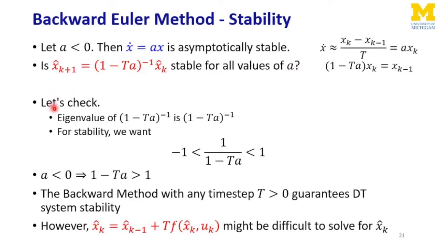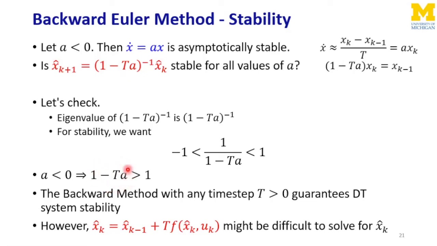Okay, let's check. The eigenvalue is (1 minus TA) inverse. And for stability, we want this eigenvalue to be between -1 and 1. Now note that since A is negative, 1 minus TA is always going to be a positive quantity, because T is positive, minus of a negative number is positive.